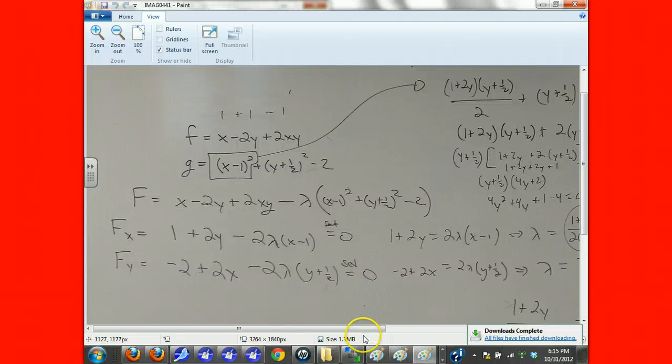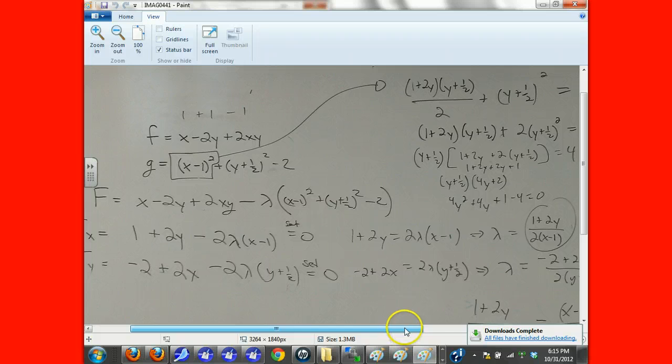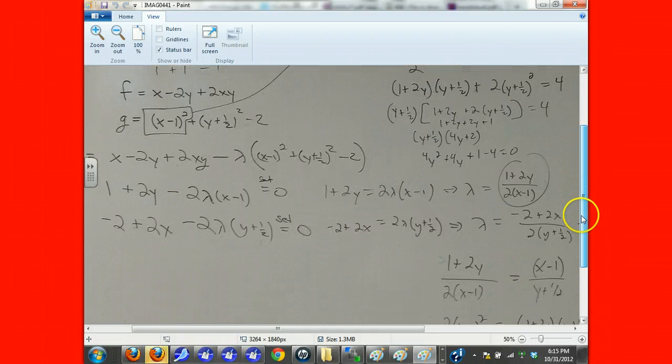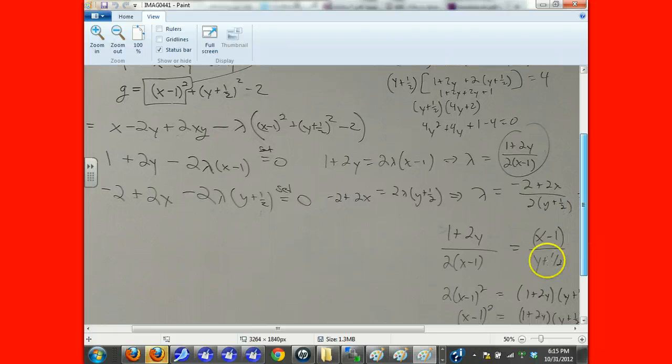So when we solve for lambda in the first one, just take this chunk and divide by it. These two should be equal to each other. This is the approach that seems to work the best. Now, setting them equal to each other ends up here.